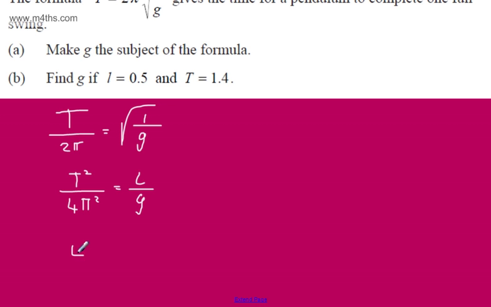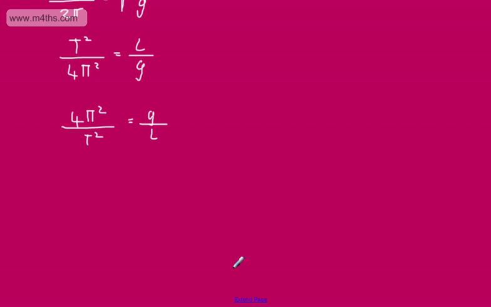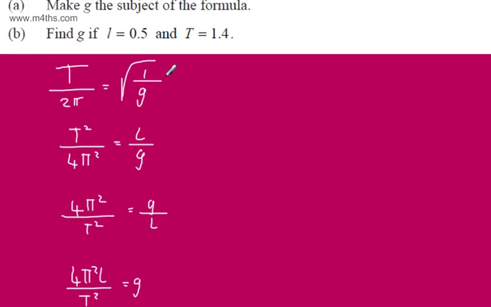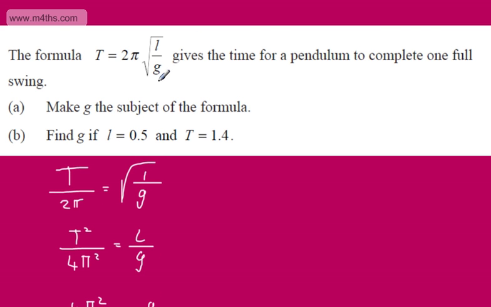So we can say 4 pi squared over T squared is going to be equal to G over L. Multiplying both sides by L, we can say 4 pi squared L over T squared is equal to G. So all I've done is simply now divided both sides by 2 pi. We've squared both sides, we've inverted the fractions and gone from there.